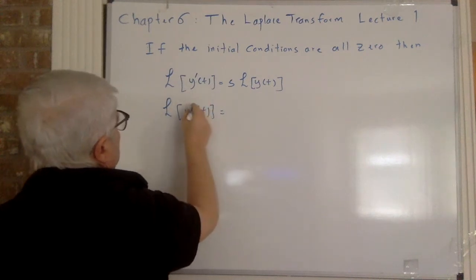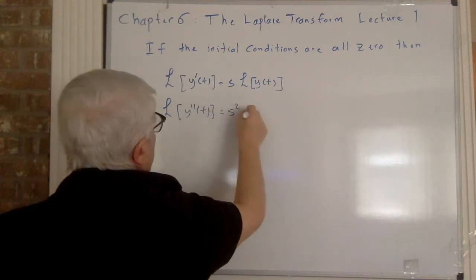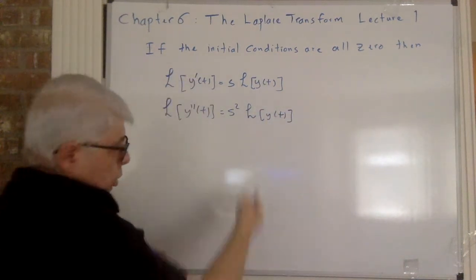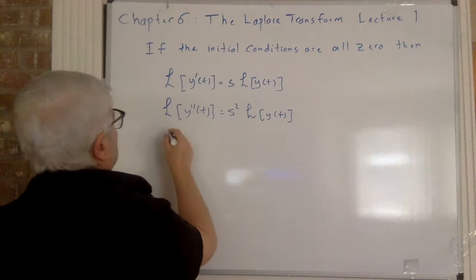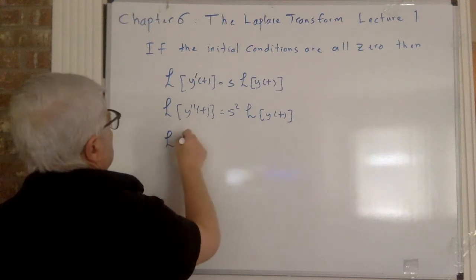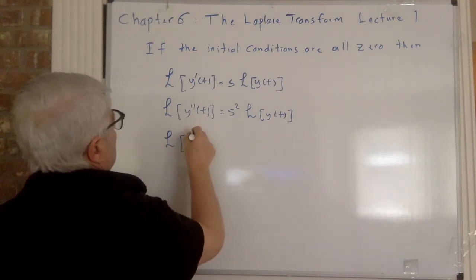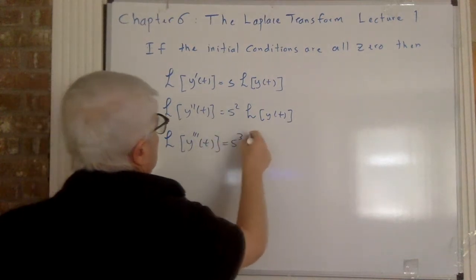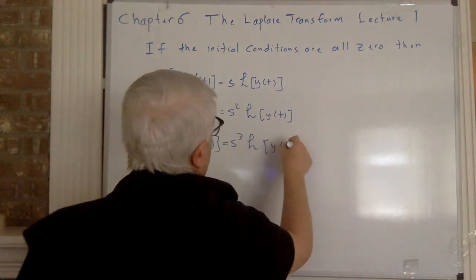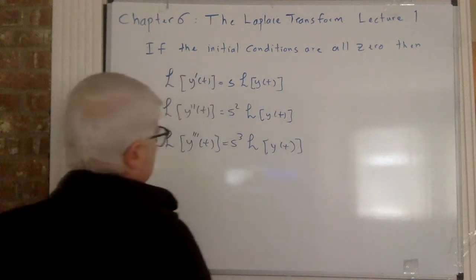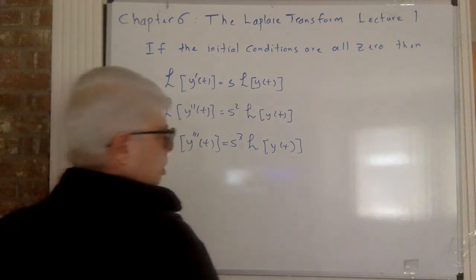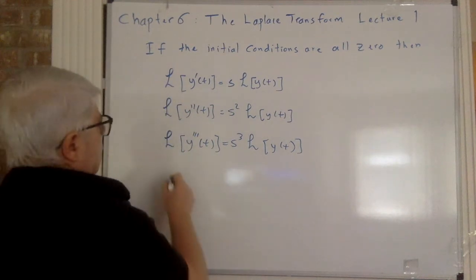Y double prime of t will be s squared L of y(t), but there are the y(0) terms, which I assume are all 0. Y triple prime of t will be s cubed L of y(t), right?